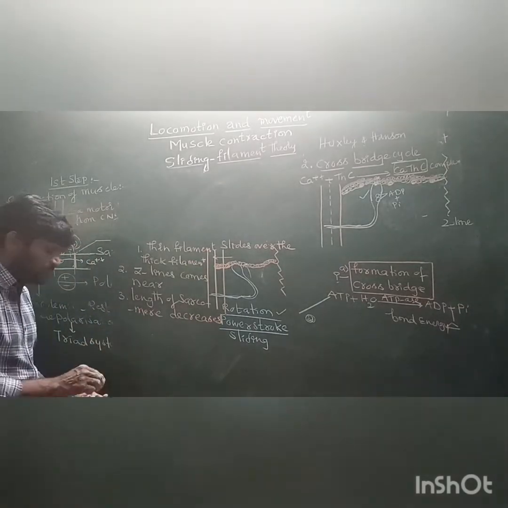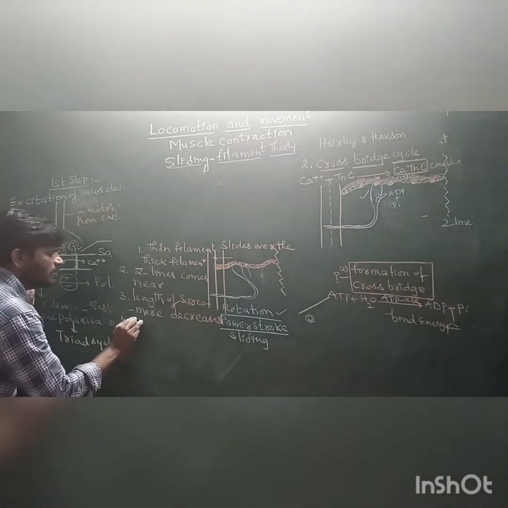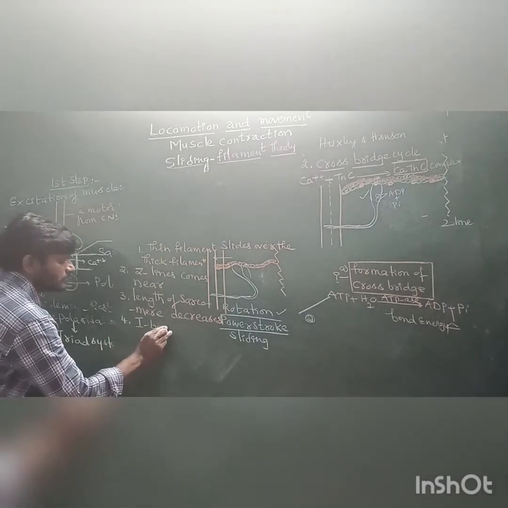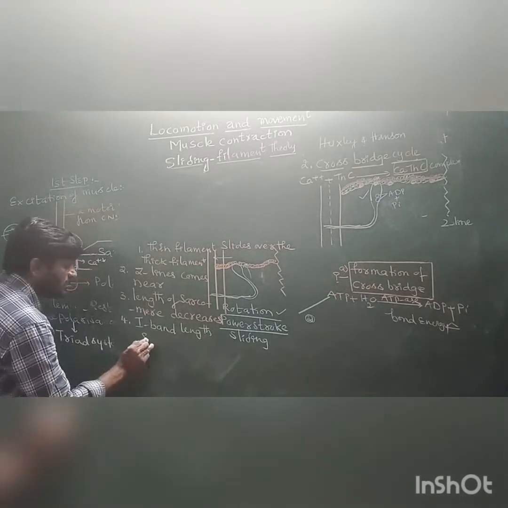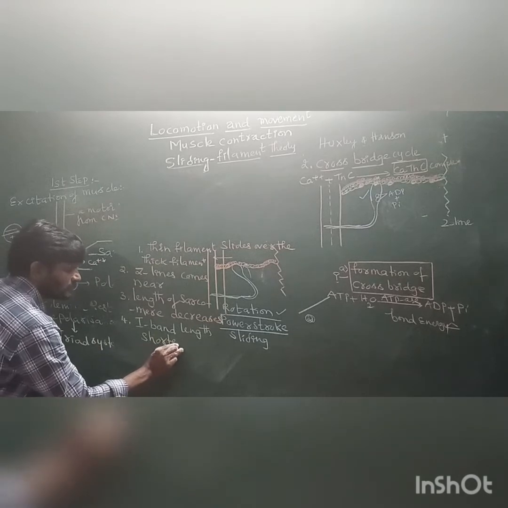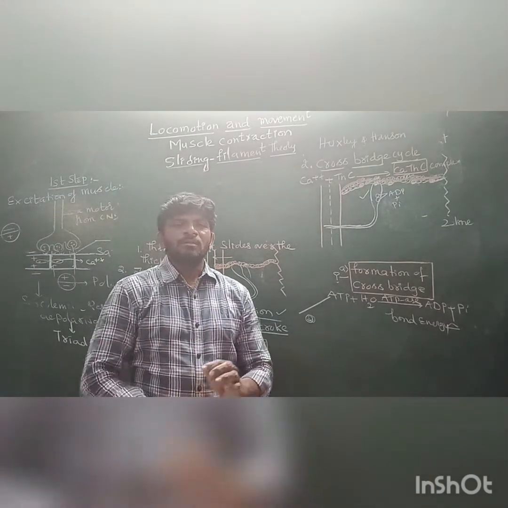There is no change in the length of the thin or thick filament. You may say that thin filaments are extending into the H zone, so there might be shortening of the thin filament. No, there is no shortening of the thin filament, because they are just entering into the H zone. It is not shortening.